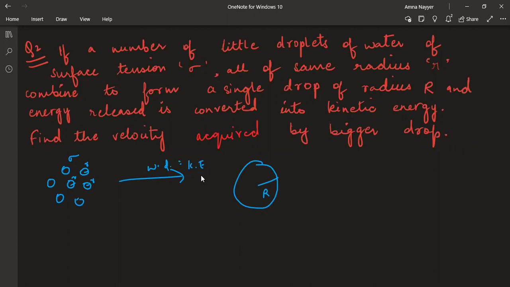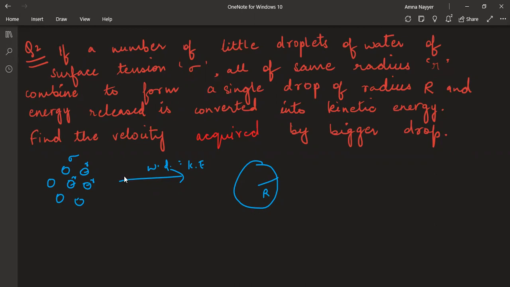So again, our work is to find out the work done. But see class, the main thing is that we do not know what the bigger radius is and what the smaller radius is. It is just given that a number of droplets are present like this.